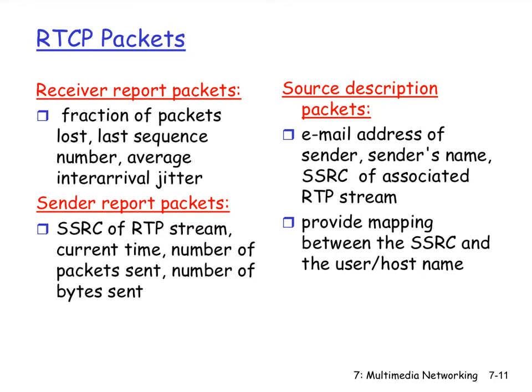So from the number of packets sent and from the number of packets lost, using the sequence numbers, we can identify which packets have been lost. Okay. So based on analyzing the sender report and the receiver report, we can then adjust the playout time. We can then adjust the data rate from the sender side, either up or down slightly. Okay, not as aggressive as TCP, but we can increase the transmission rate slightly or decrease it slightly based on this feedback.